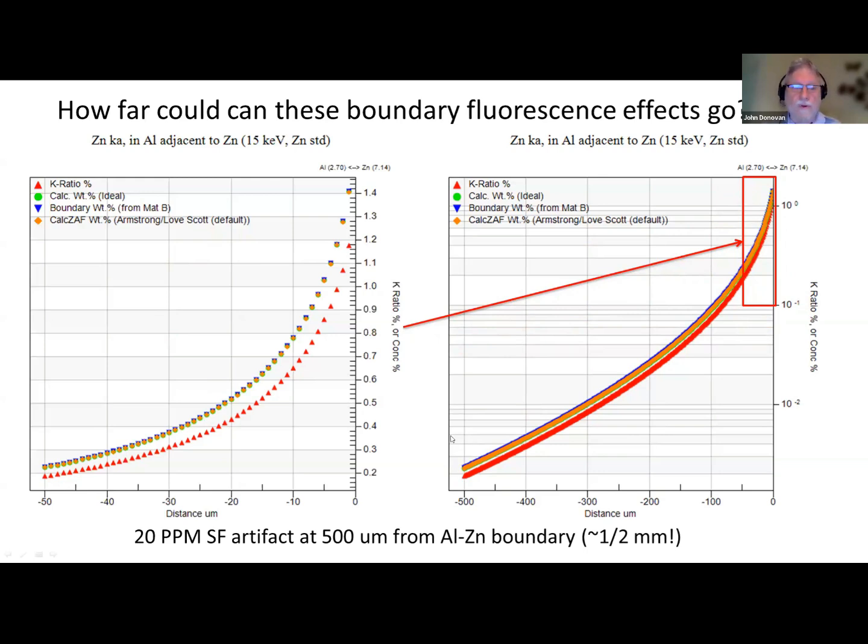It's because, of course, zinc K alpha is a very penetrating X-ray. And this is just continuum X-rays, because aluminum can't fluoresce the zinc K edge. So just the continuum from aluminum is exciting zinc half a millimeter away from the boundary. So consider that.